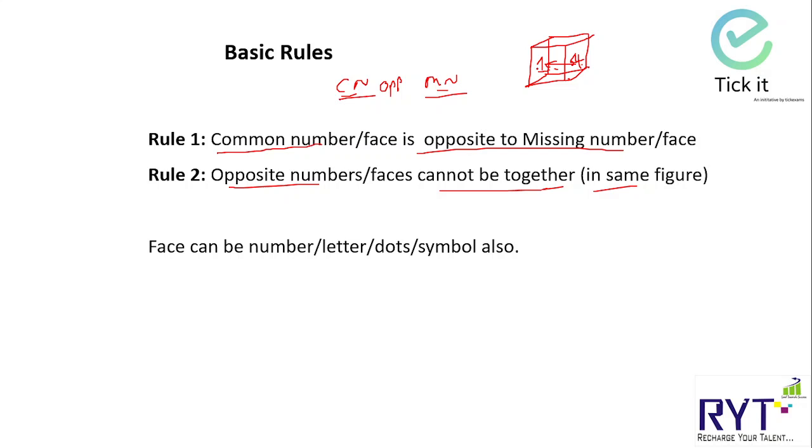If you are seeing number 4, you cannot see number 1. Or if you are seeing number 1 from this side, you cannot see number 4, because number 4 is visible only when you see from the other side. So opposite numbers cannot be together. Extremely important. This face can be a number, a letter, dots, a symbol, etc.